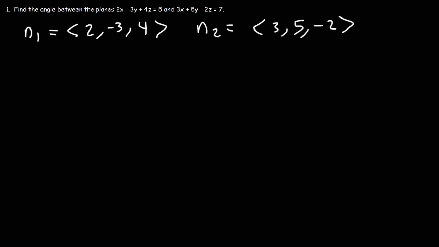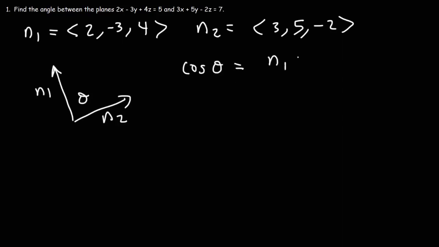So now that we have the two normal vectors, our next step is to find the angle between those two normal vectors. To find the angle between two vectors, we could use this formula. Cosine theta is equal to the dot product of n1 and n2 divided by the magnitude of the two vectors.